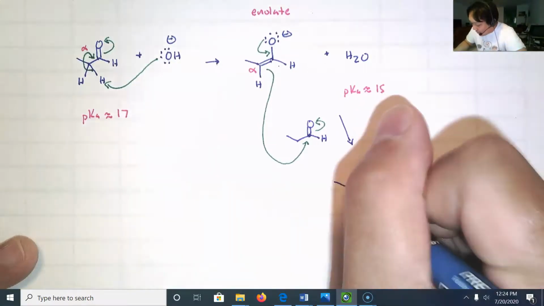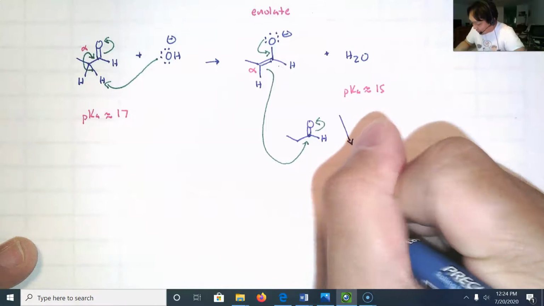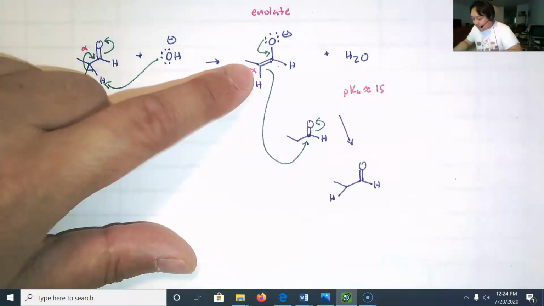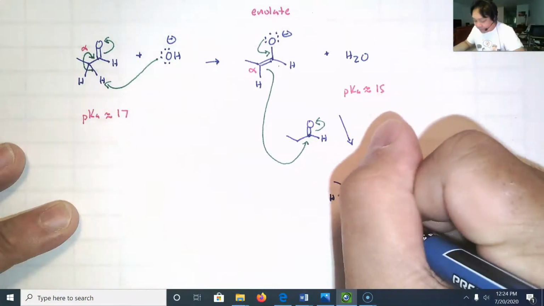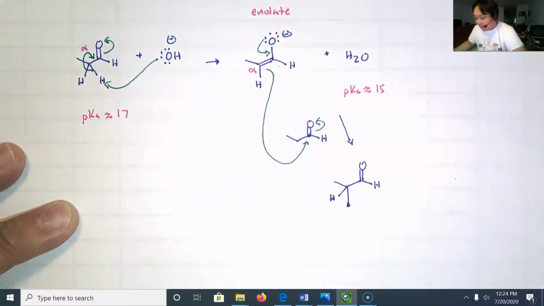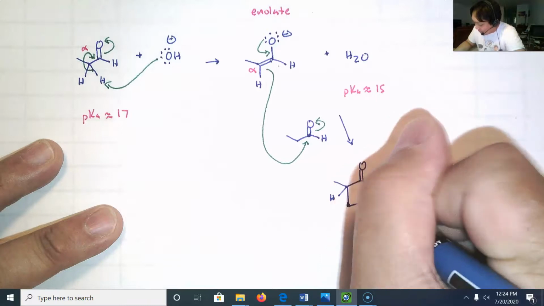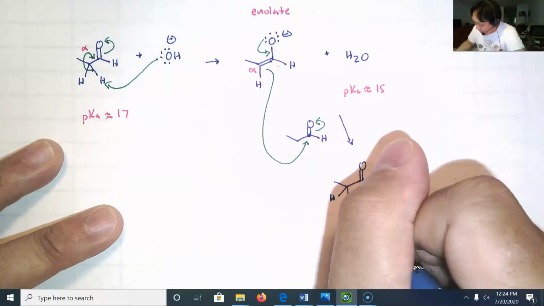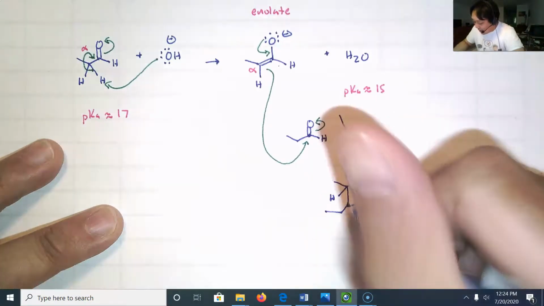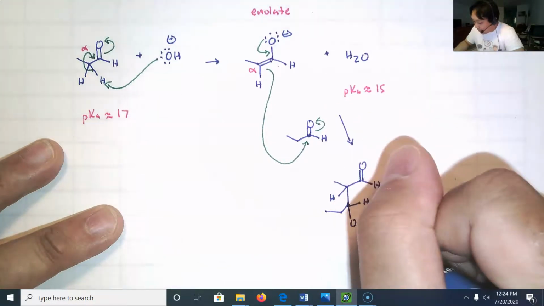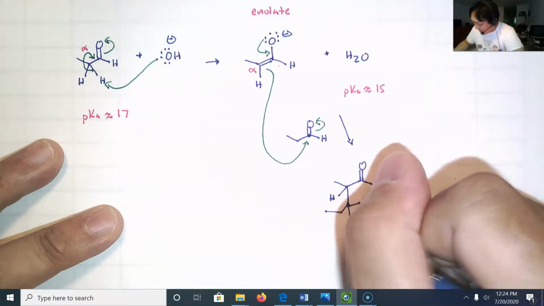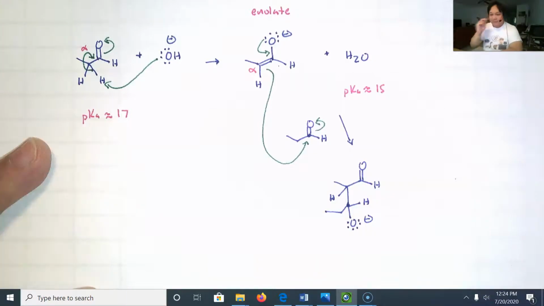And now let me move this hydrogen a little bit out of the way, this one right here, because I am making a bond to the dot. What's on the dot? The dot has a couple things. It has a hydrogen, it has an alpha group, and now the carbonyl group becomes an O minus. O minus. Okay, we're not quite done yet.